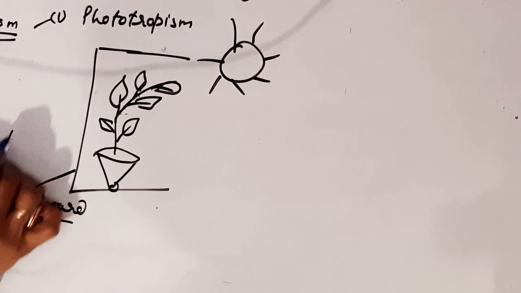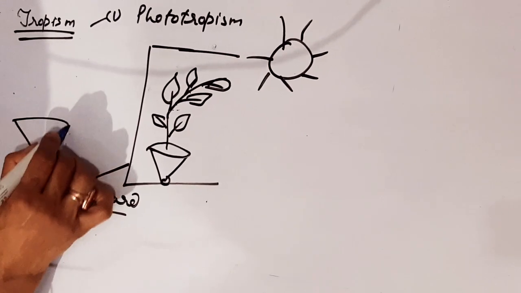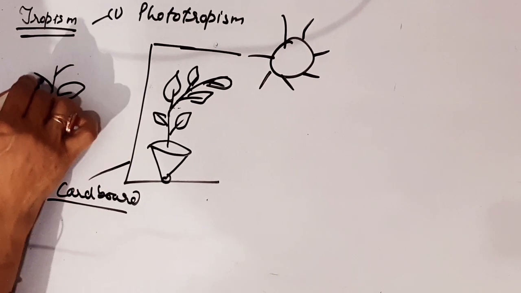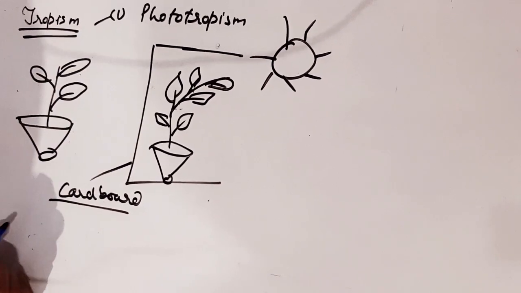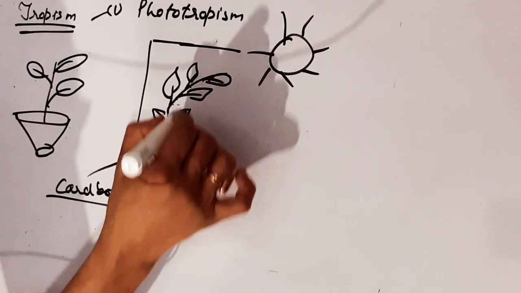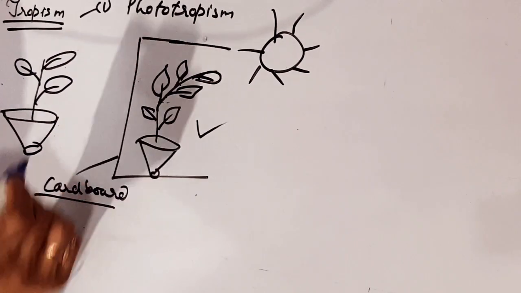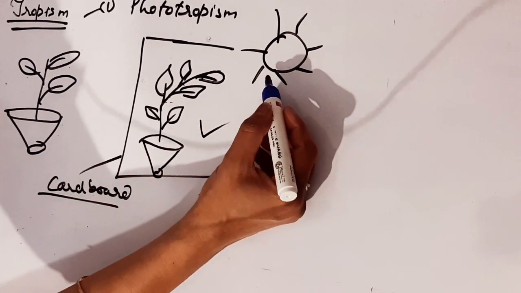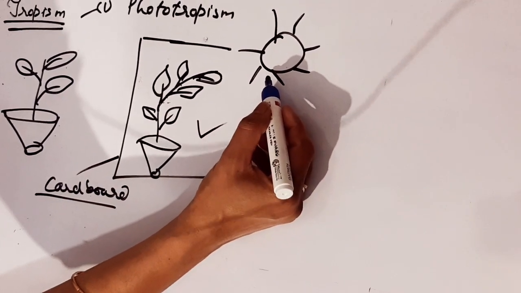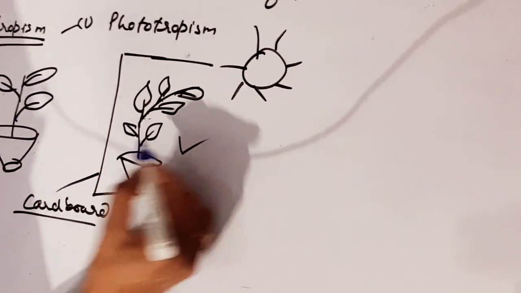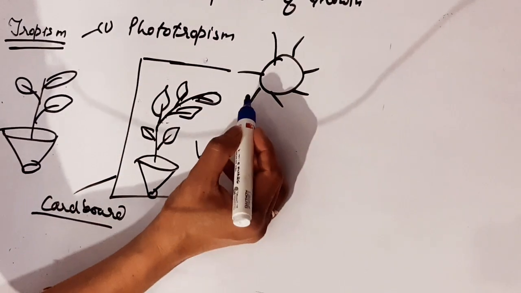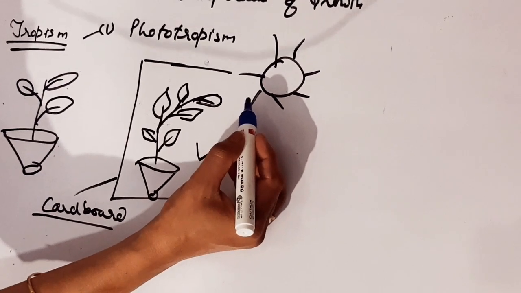And this is the normal plant which is exposed to the sun outside normally, and it is resuming its growth in a normal way. Can you imagine why this is happening? This is happening just to obtain the sunlight. So just for sunlight, this tip is bending towards the sun.